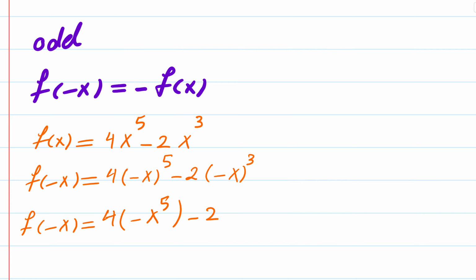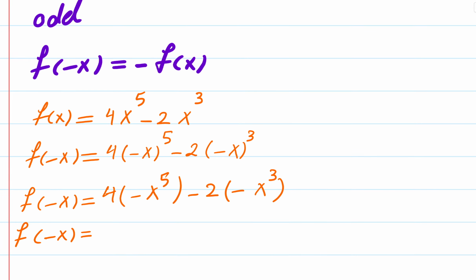Again, 3 is odd, so the answer is negative x to the power 3. So we get f of negative x equals negative 4x to the power 5 plus 2x to the power 3.